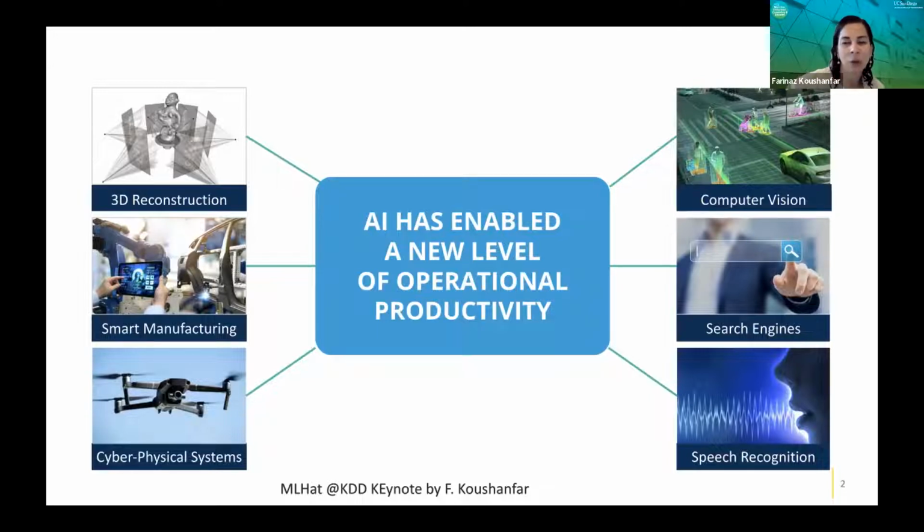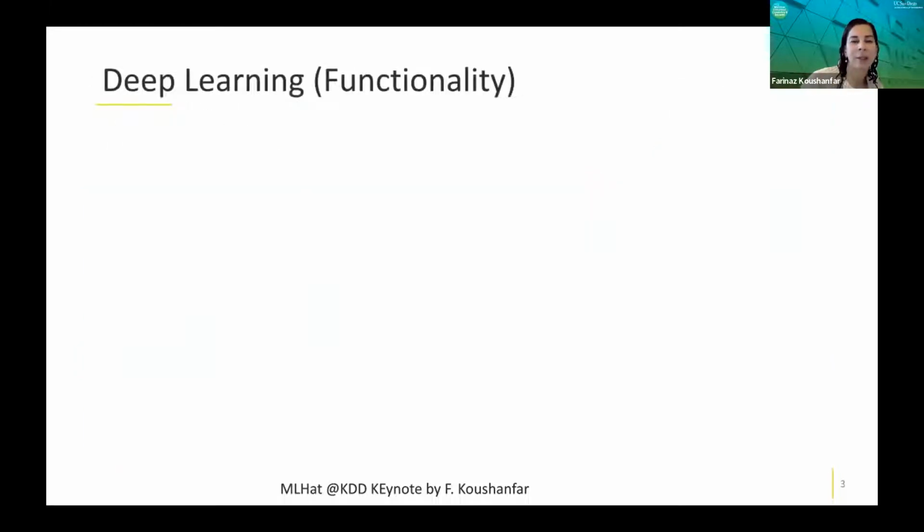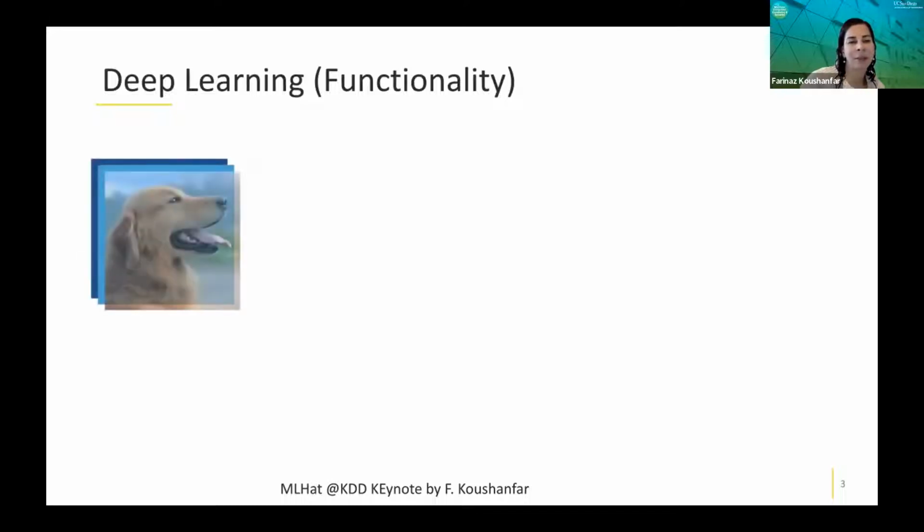As you all know, applications in computer vision, search engines, speech recognition, cyber physical systems, IoT, smart manufacturing, 3D reconstruction, precision medicine, and so on have been impacted by the impact that AI has been making.